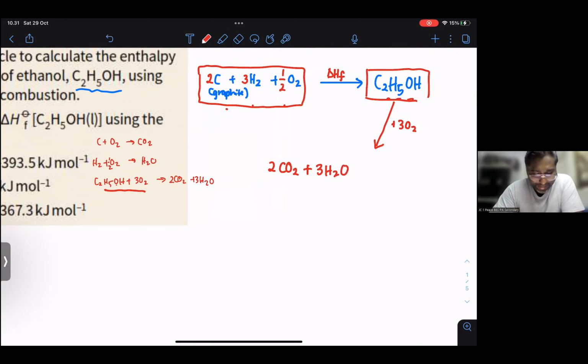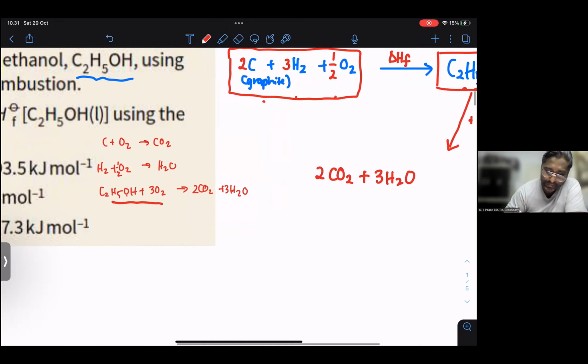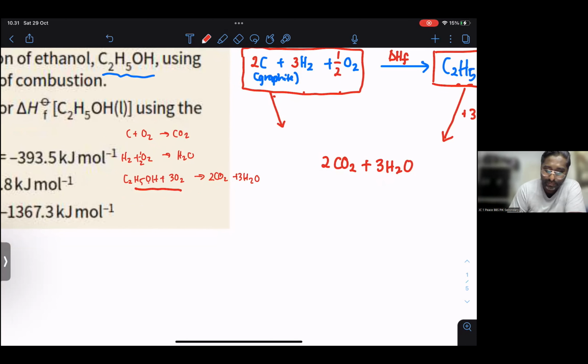Now let's look at this side. You have to do this one by one first; later we can erase and do it again. You see carbon, but it is 2 carbon, so you need to times everything by 2. This is going to be 2 times the enthalpy change of combustion of carbon, and when you times, you get 2 carbon dioxide.